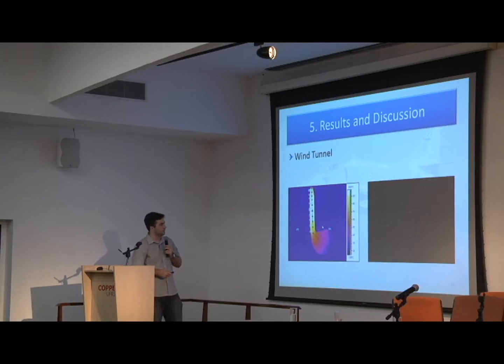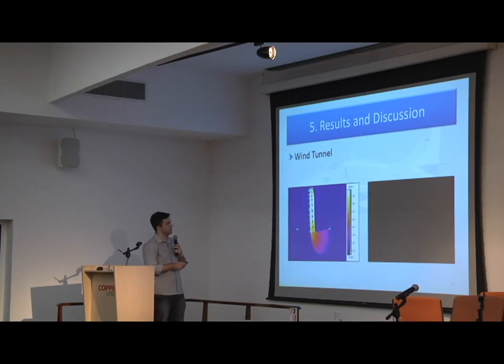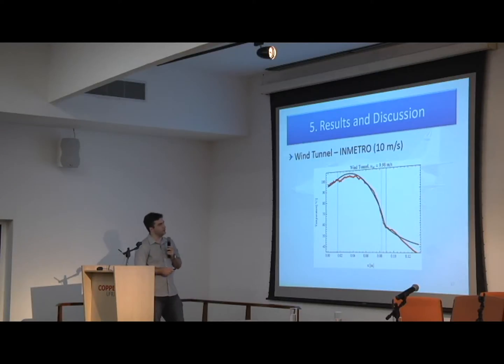Here are the results, taking this line here, and we take the temperature at the surface. This is the red curve, the temperature along that line, the X here. And this black curve is the result that we obtained with the model.